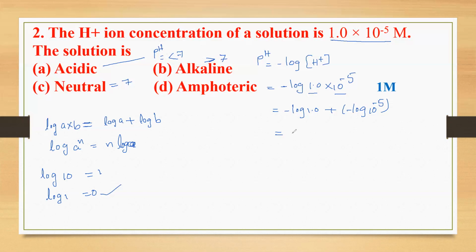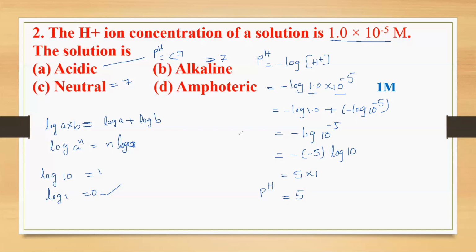So we will move to the other term, minus log 10 raised to minus 5. It looks like a power n, so minus into minus 5 log 10. Minus into minus will be plus 5, and log 10 value is 1. So what is the pH? pH is 5.